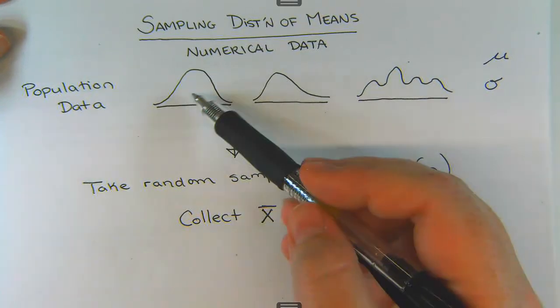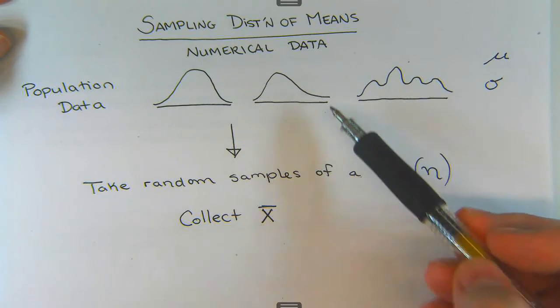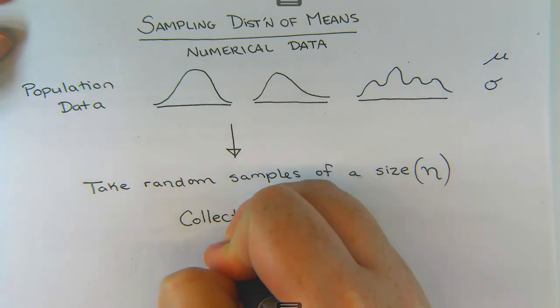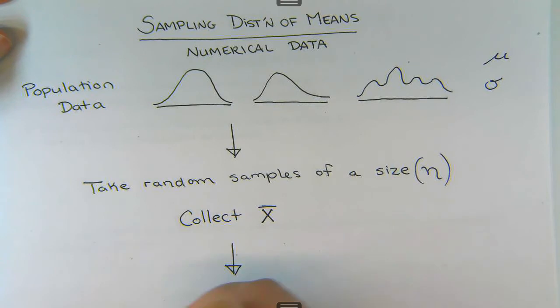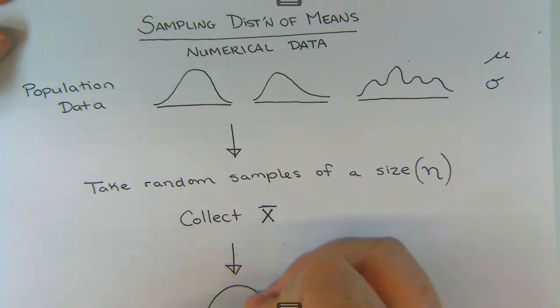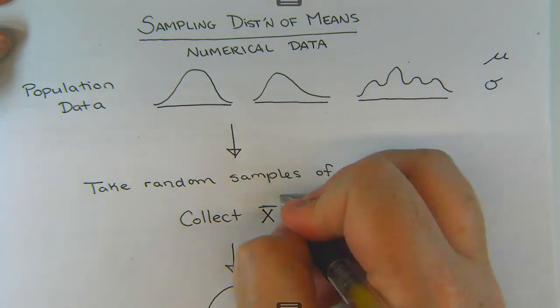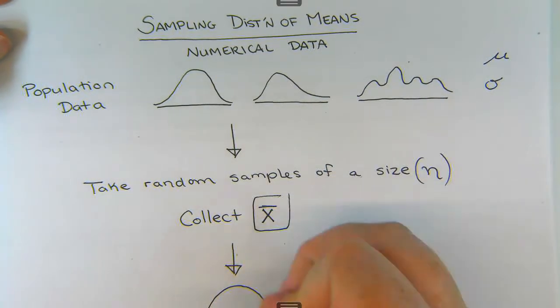We want to see if whatever our population looks like, what happens when we take infinitely many samples. And what we want to come through is a nice bell-shaped curve, where this should be the distribution of these x bar values.